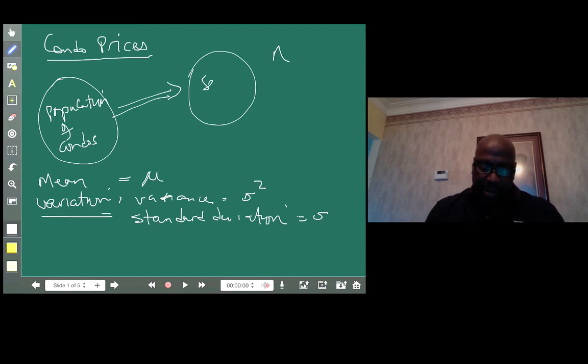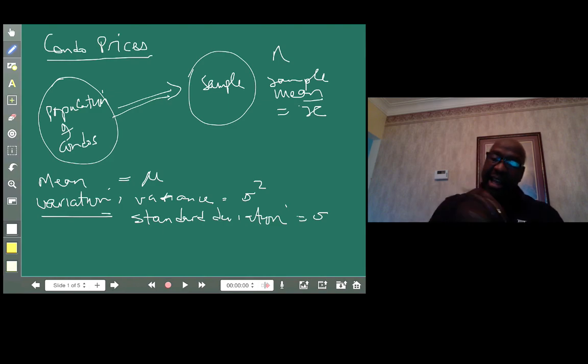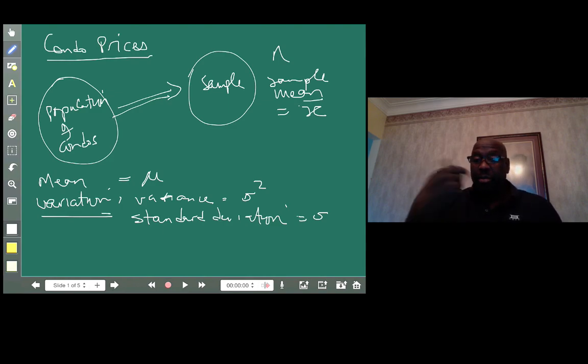We will denote that by x bar. So the sample mean is our best guess of the population mean. So one of the things that you will know about statistics then is that everything that we observe in a sample is an estimate of its corresponding parameter in the population.